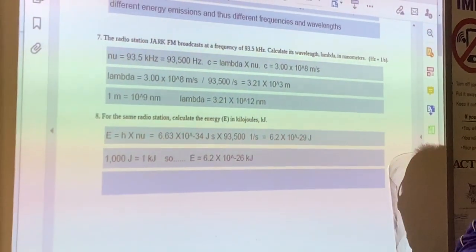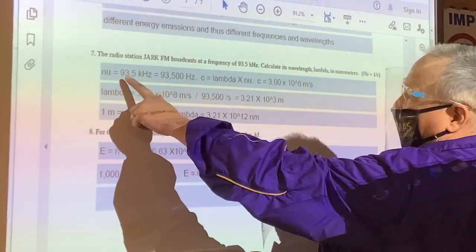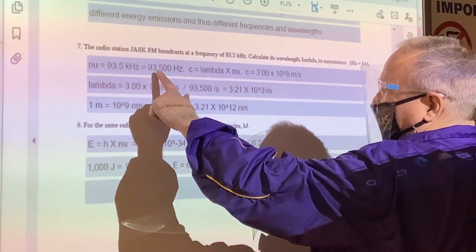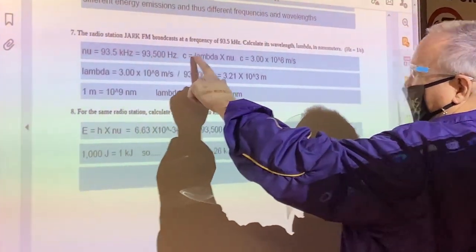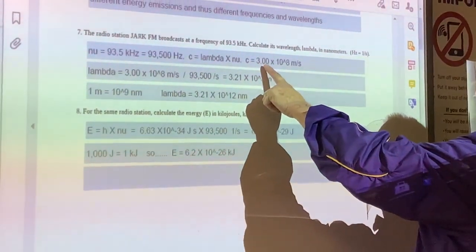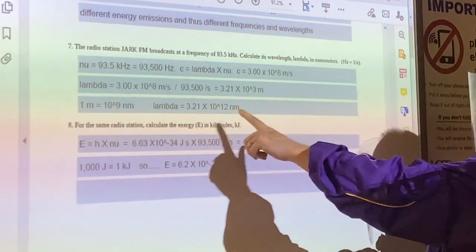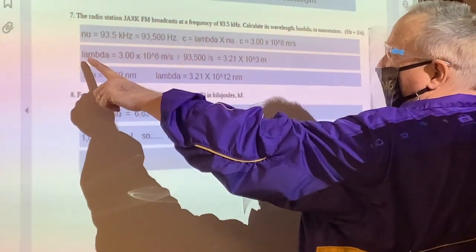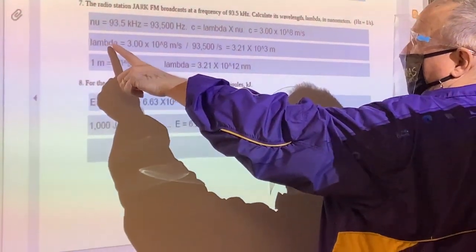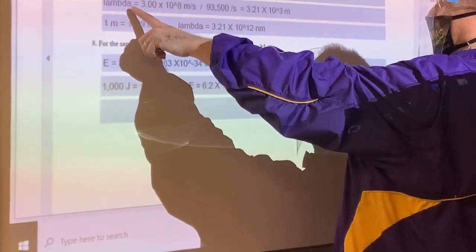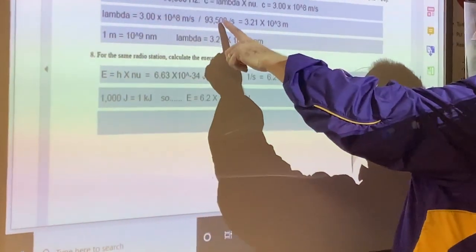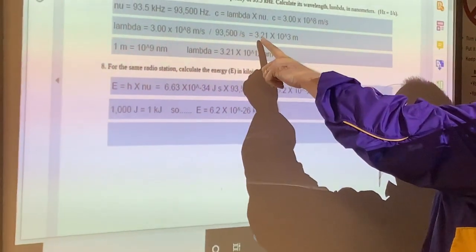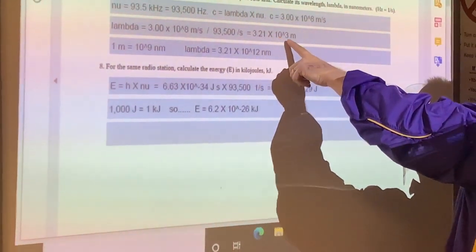They want it in nanometers, so we have this value in kilohertz, and that 93.5 kilohertz is 93,500 hertz, and if I use my equation, where the speed of light is 3 times 10 to the 8th meters per second, and hertz means per second itself, then when I solve this equation, my wavelength is going to be equal to speed of light divided by that frequency, which is 3.21 times 10 to the 3rd meters.